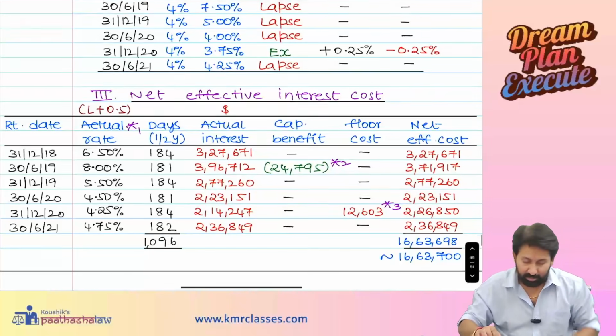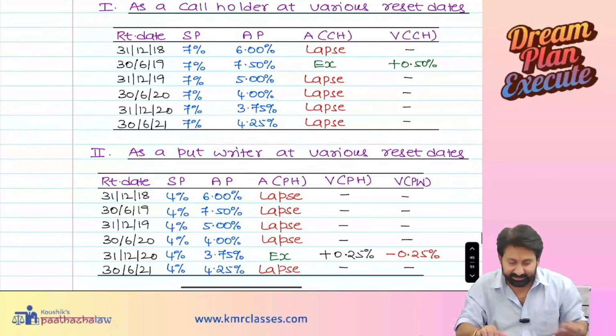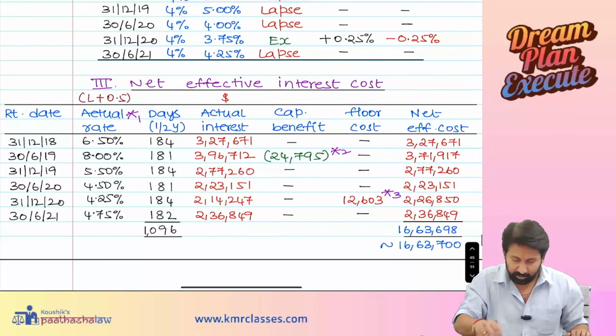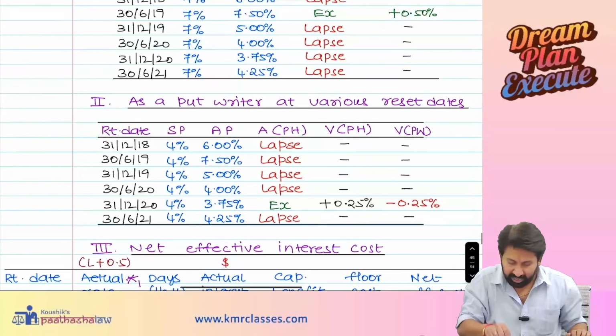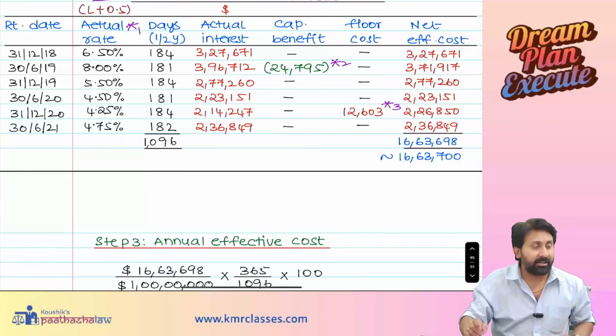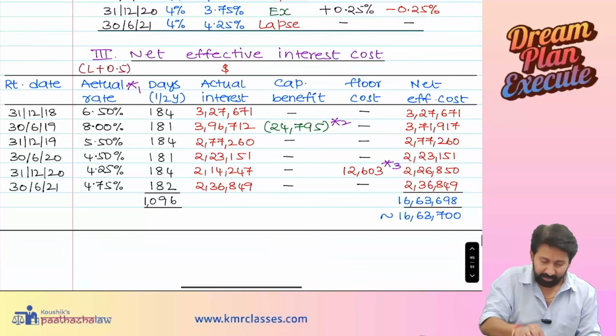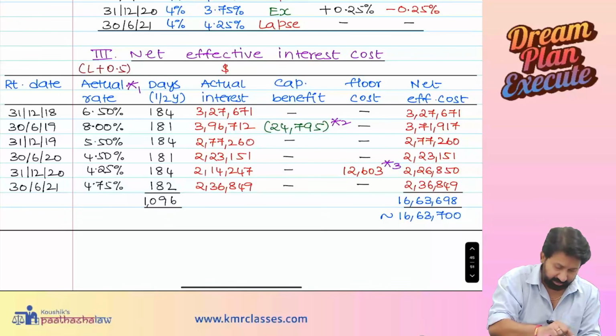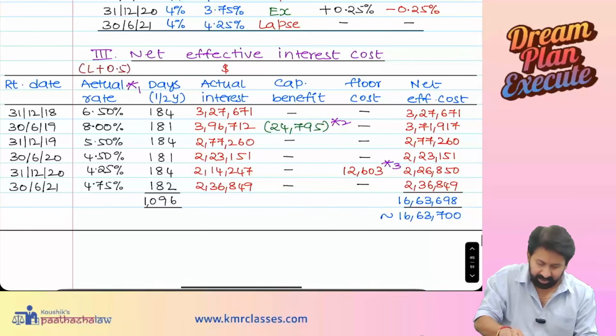First case, when the percentage is 6.5, lapse in call, lapse in put, both are lapse. Your net effective cost is 3,27,671. Next, 30/6/2019. Take calculator. Jan 31, February 28, March 31, April 30, May 31, June 30: 181 days.